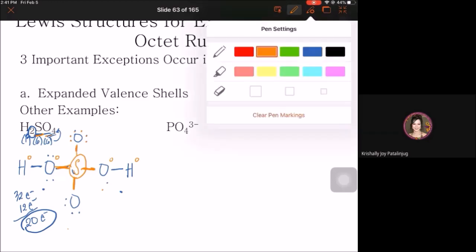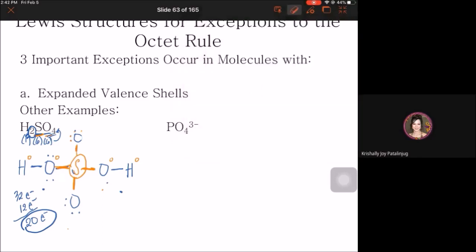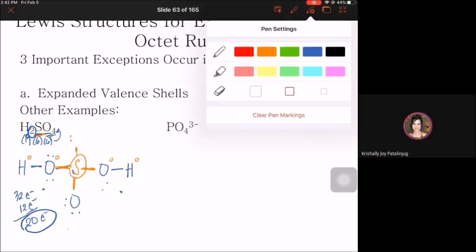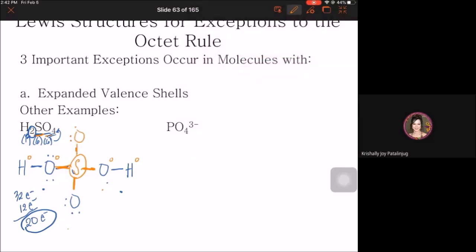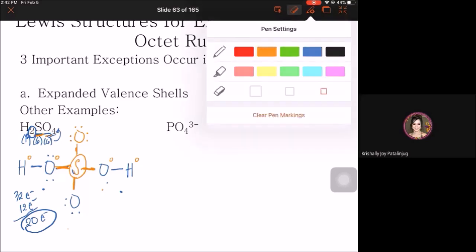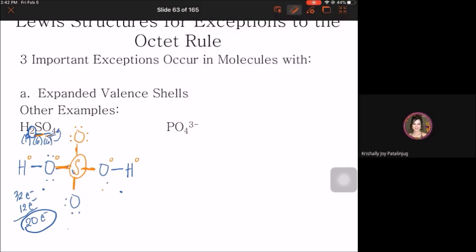So i-apply nyo lang yung 5th step in writing Lewis structure. So mula sa surrounding atom, di ba, it has a lone electron for this oxygen. So change mo yan into a bonding pair of electrons. Okay. So ganun din dito.